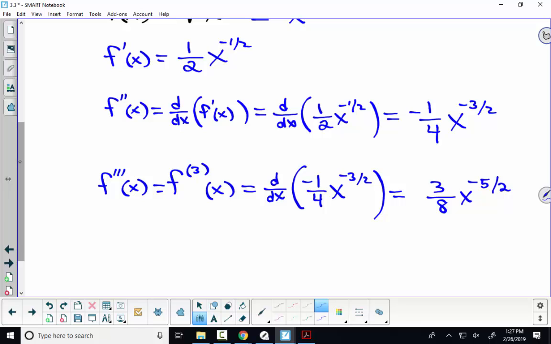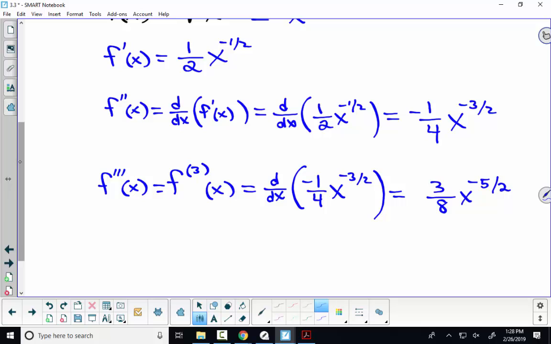Like I said, typically we do not go past the second derivative for the things we do in this course, but it is possible to keep taking derivatives. Some functions, like polynomials, eventually you'll get to where their derivative is 0. And so the next derivative, the derivative of 0 is 0, the next derivative is 0, the next derivative is 0, right? So at some point, sometimes functions' derivatives vanish because we end up with 0.